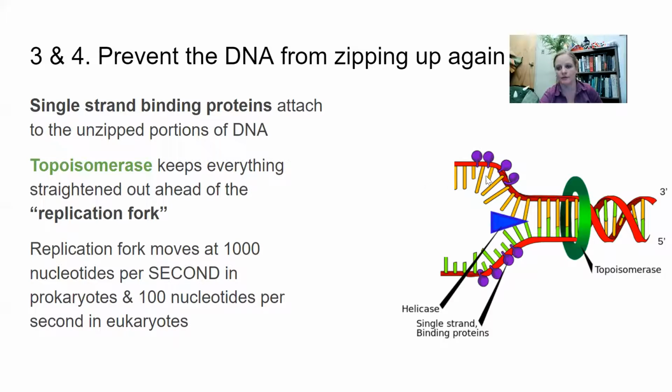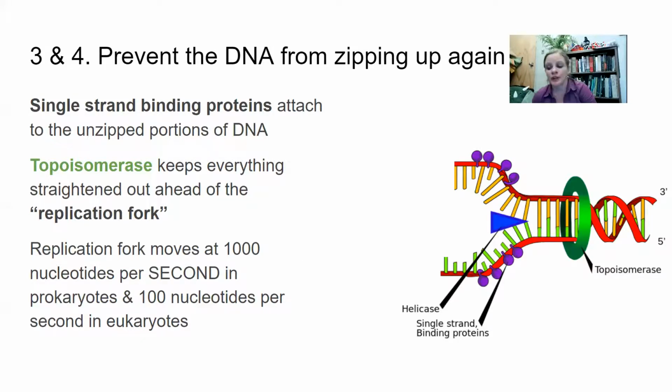And so that's what this is called right here, where the helicase is. As you can see, it kind of forks off as it's untwisting and unzipping your genes, right? So it's keeping everything straight, and that also prevents it from closing in on itself again.